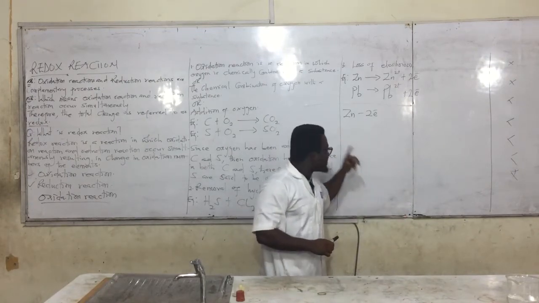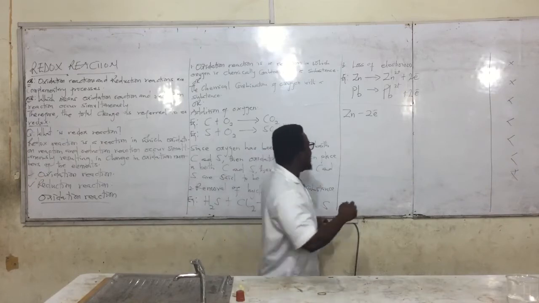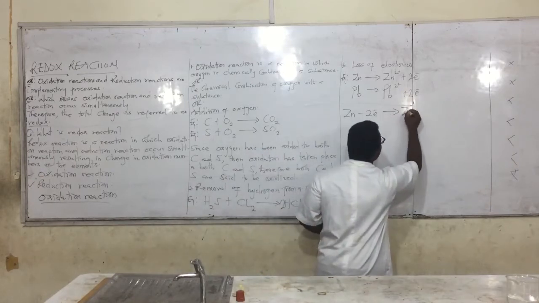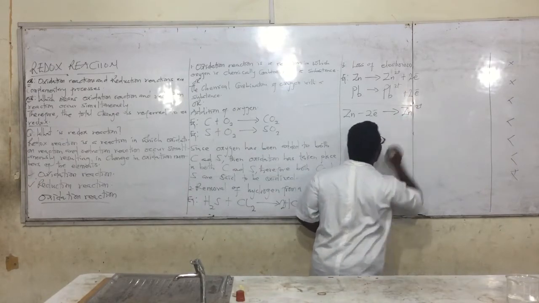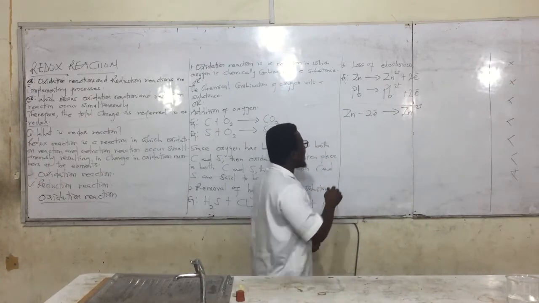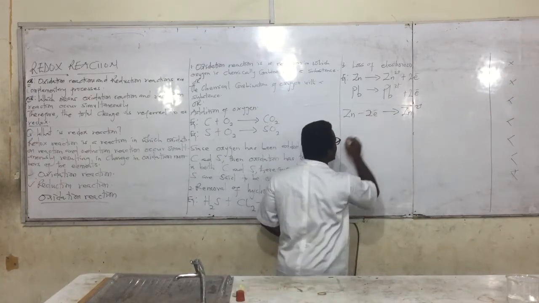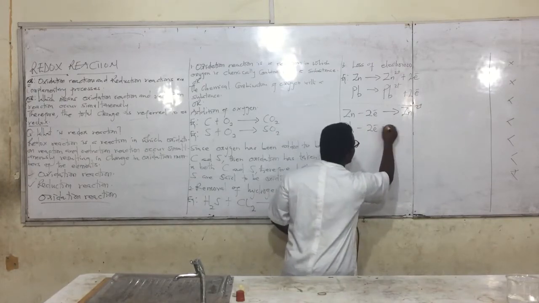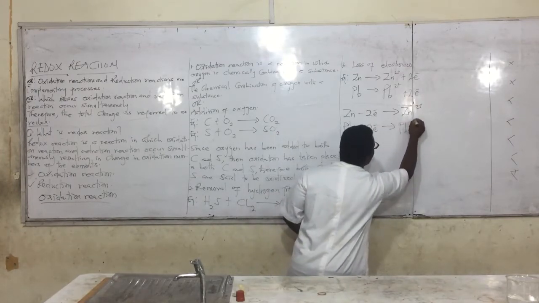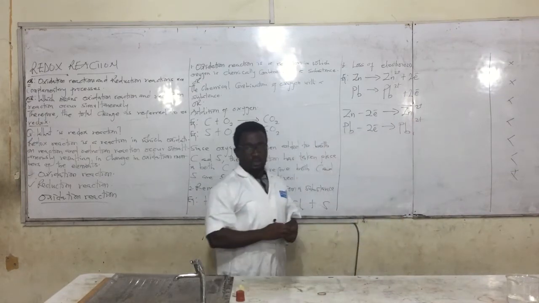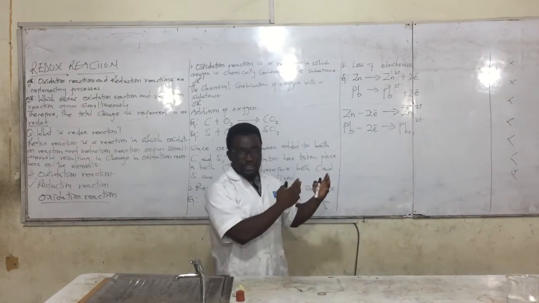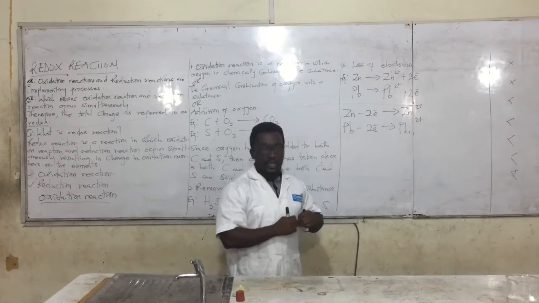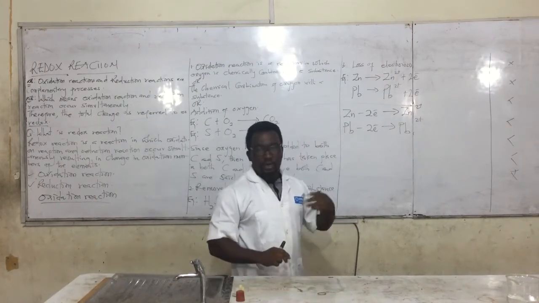And then we also have Pb minus 2e to produce Pb2+. You can see that the equation can also be in this form. This also indicates loss of electrons.